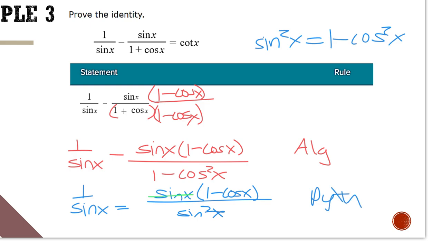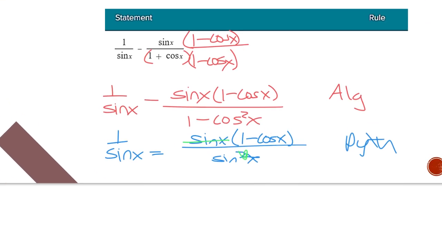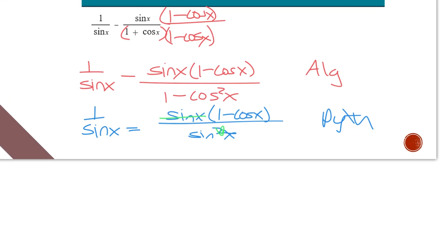Now the nice thing is this sine and one of those on the bottom will cancel out. So let's move that up. Sorry, that's supposed to be just a minus sign, not an equal sign. So then we have 1 over sine of x minus 1 minus cosine of x over just one of those sines of x, which is algebra by canceling those out.